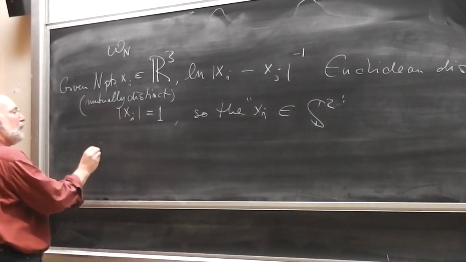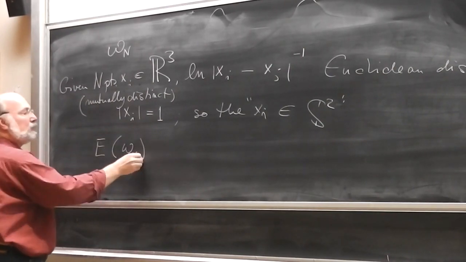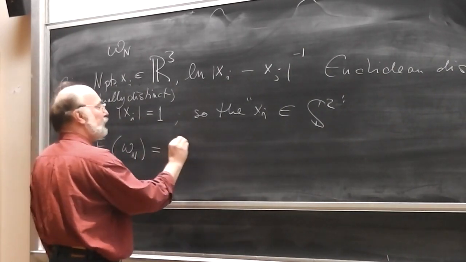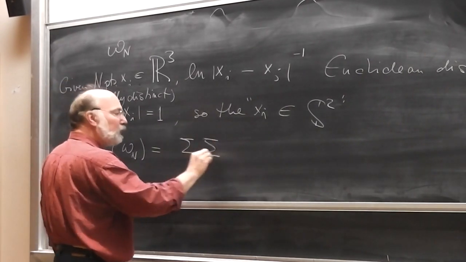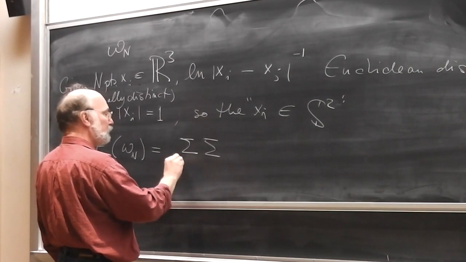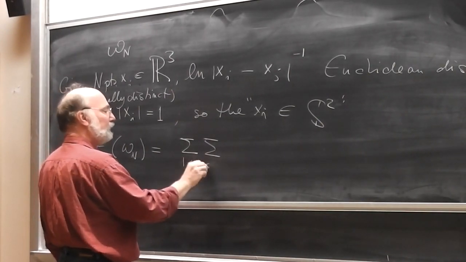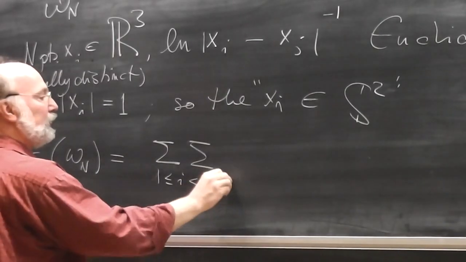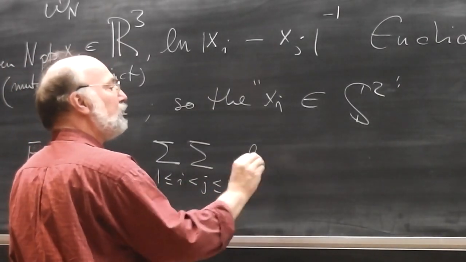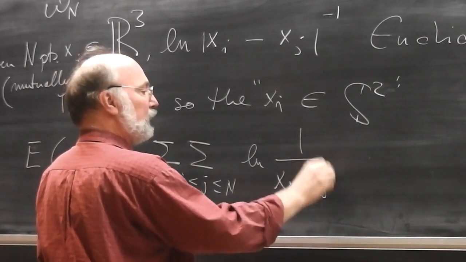And so we define an energy E of omega n to be simply the sum over all possible pairs in that configuration, 1 less than or equal to i, strictly less than j, less than or equal to n, of ln of 1 over the norm of xi minus xj.